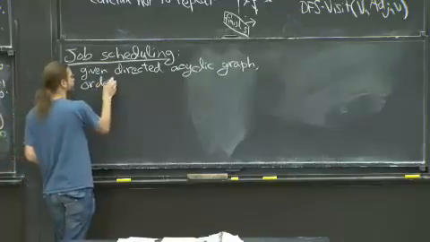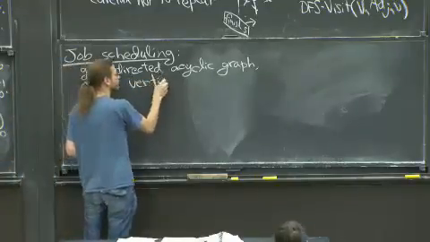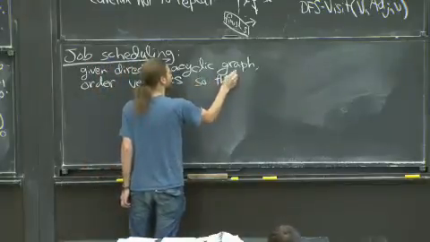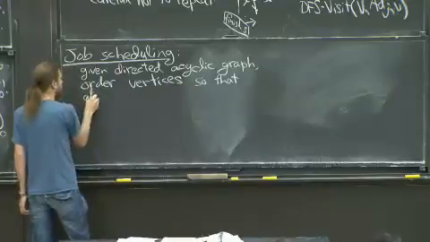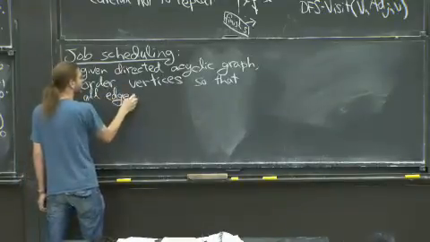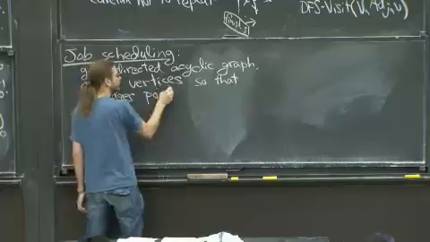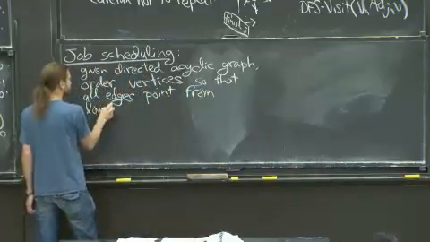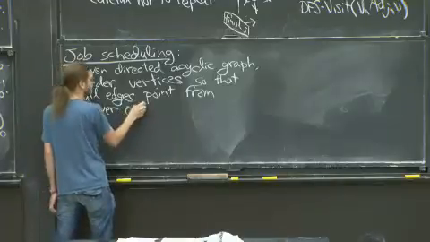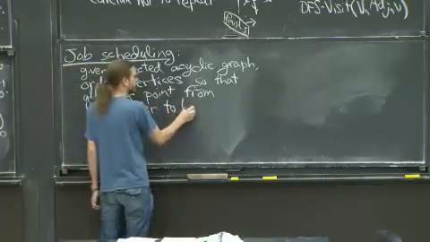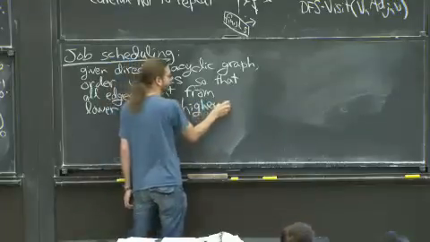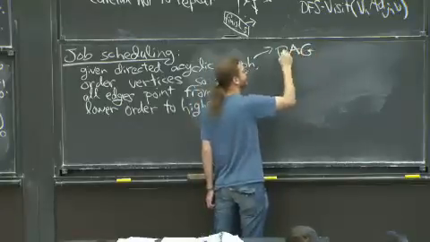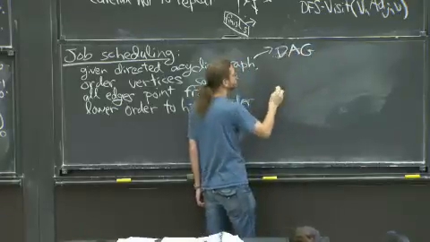I want to order the vertices so that all edges point from lower order to higher order. A directed acyclic graph is called a DAG. You should know that from 042.